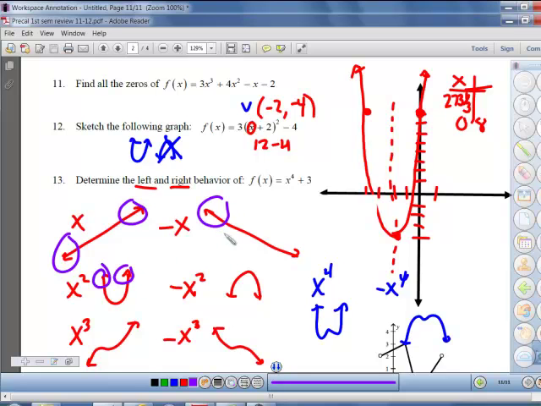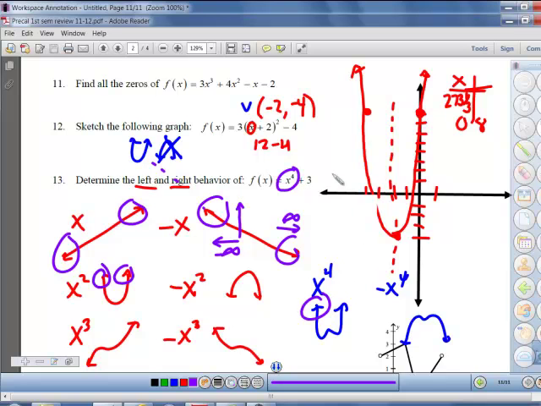Okay, this one right here, as I go to negative infinity, the y values are increasing. They're going up. Do you guys see how this is going up, up, up? Okay, and then this way, as you go towards positive infinity, x is going down. It's decreasing. So here, we just have to look at our leading term that has the highest degree. We see that it's going to be like this.